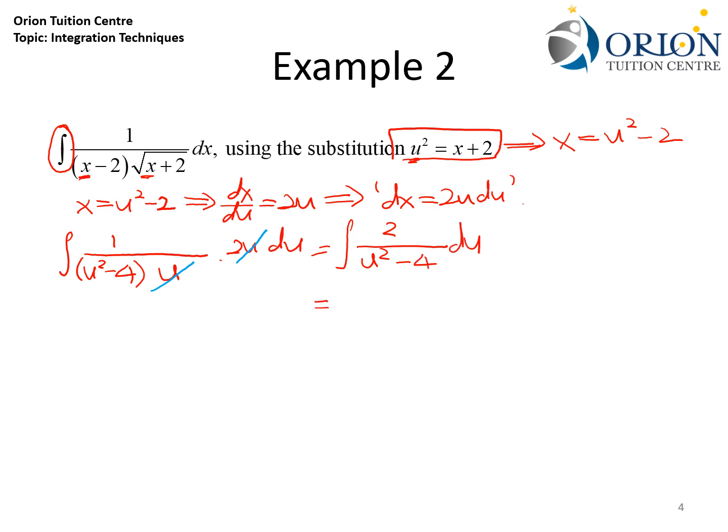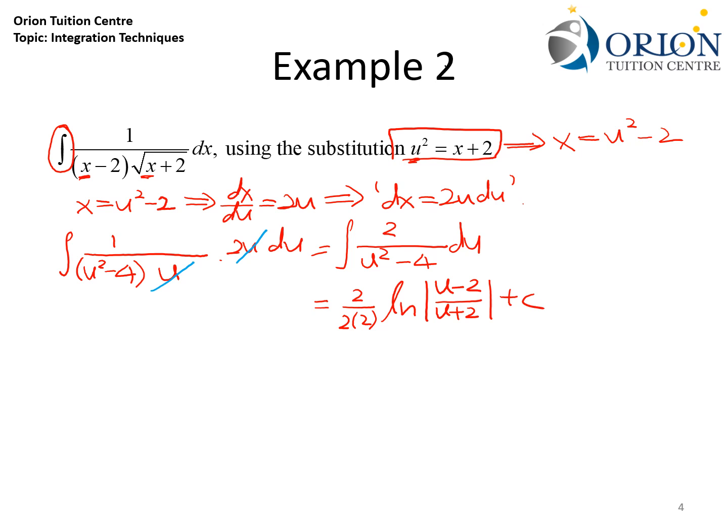And we can perform this integration using our MF26 formula. Remember our 1 over 2a ln of (u minus a) over (u plus a). We can do that over here to get 2 over 2 times 2 ln of the modulus of (u minus 2) over (u plus 2) plus c.